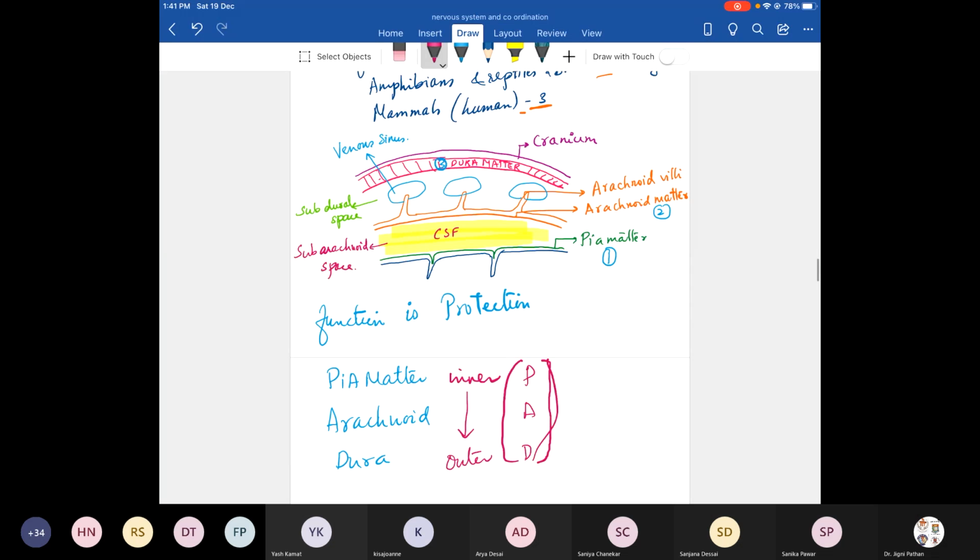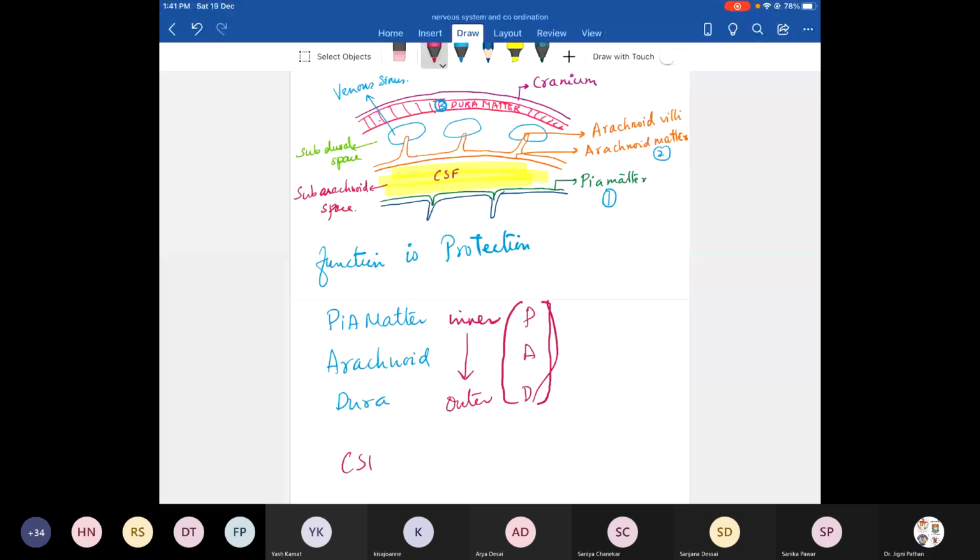And what is the full form of CSF? Cerebrospinal fluid. Done? All clear? Ma'am, then where is the blood-brain barrier present? Blood-brain barrier we'll discuss later.